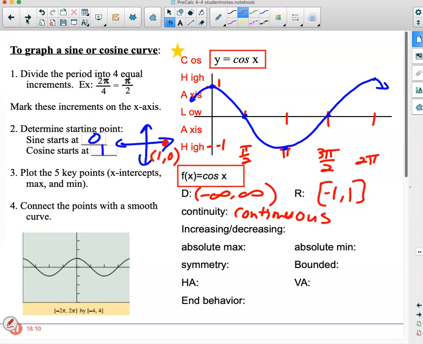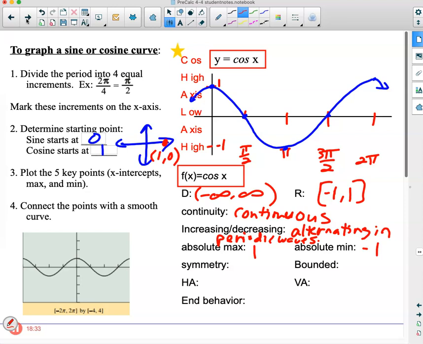Increasing, decreasing, again, we know it is. We're going to have to put alternating and periodic waves. Absolute max, still 1. Min, still negative 1.